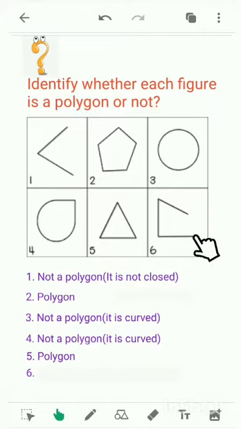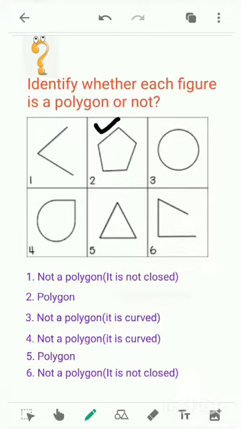Here it is open. Therefore, the sixth figure is not a polygon. From this, we can conclude that figure 2 and figure 5 are the only polygons. The rest of the figures are not polygons.